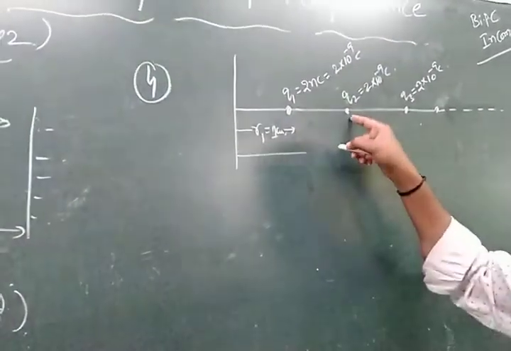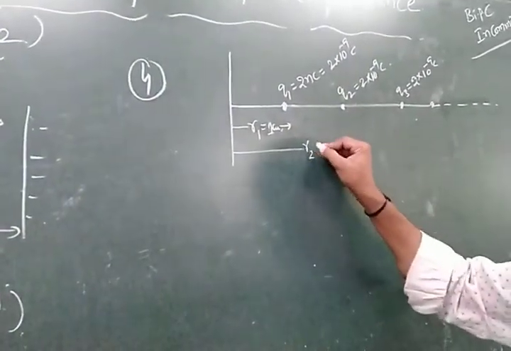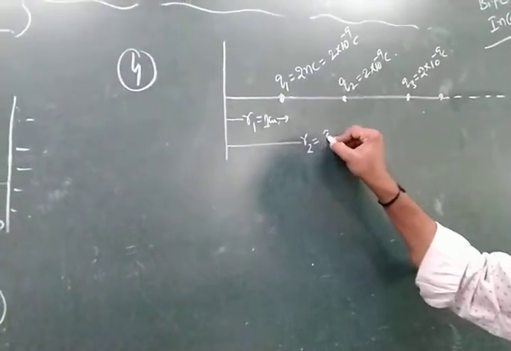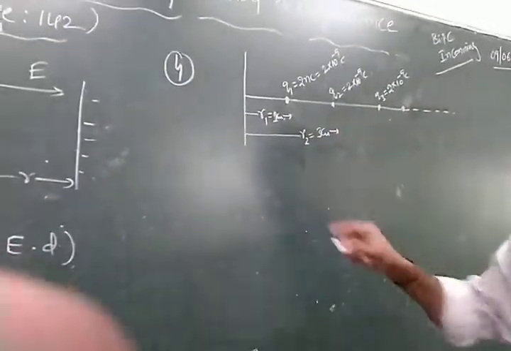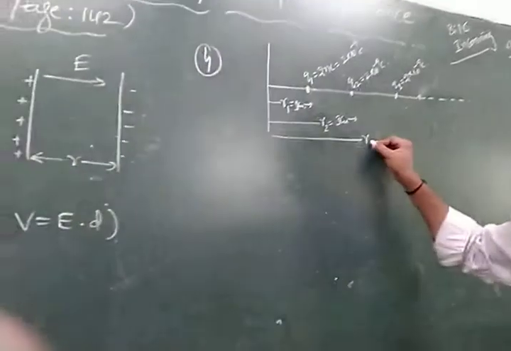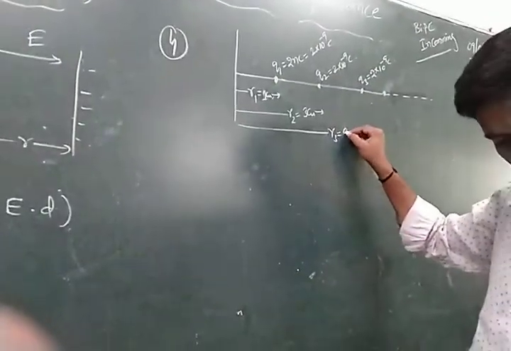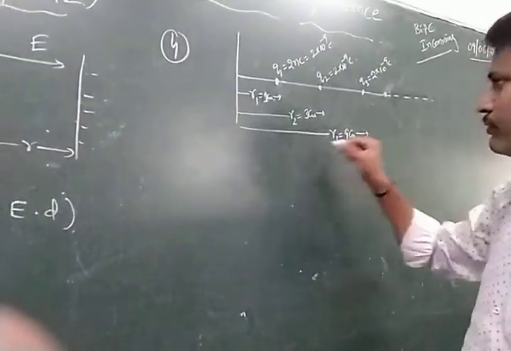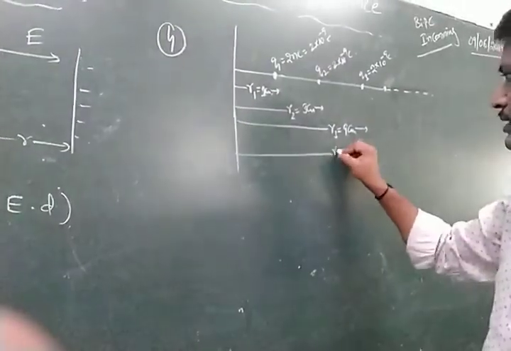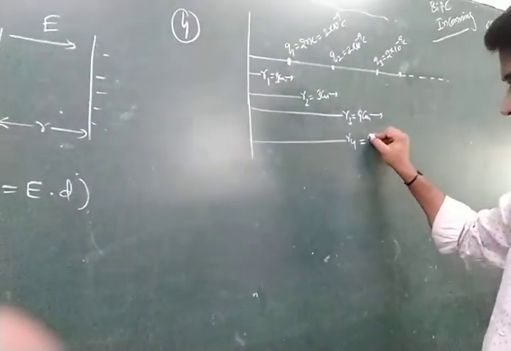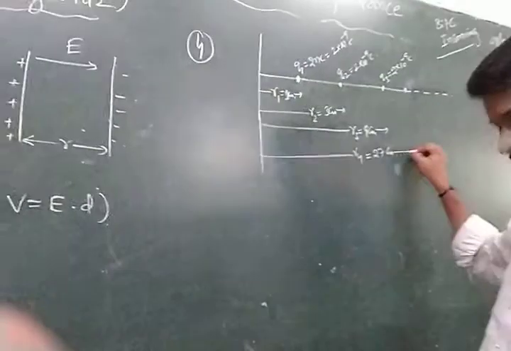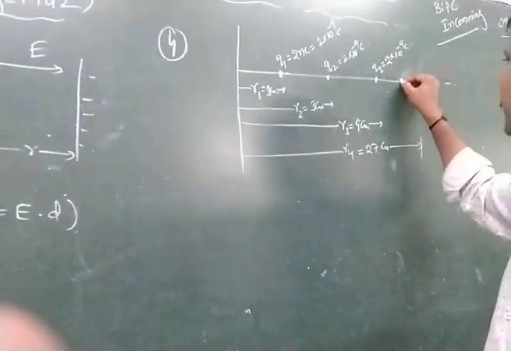The second charge is located at a distance from the origin of 3 centimeter. The third charge is located at a distance of 9 centimeter, and the fourth charge at a distance r4 equal to 27 centimeter from the origin.